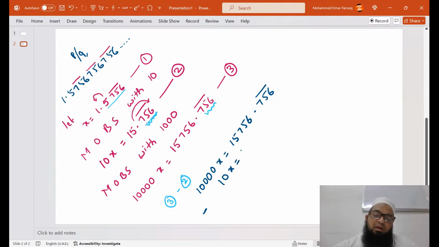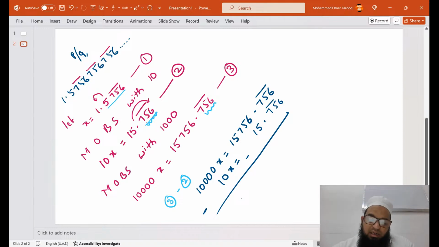When you are writing, don't start writing from here. Whenever you subtract decimals, you have to make sure that the decimal point is beneath the decimal point. Now let us subtract 10,000 minus 10.